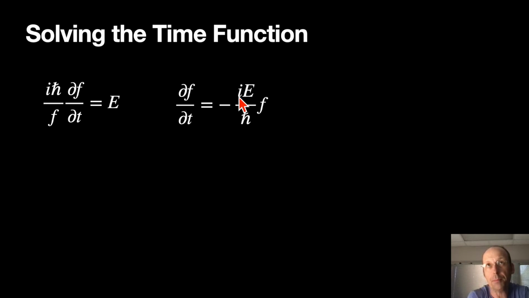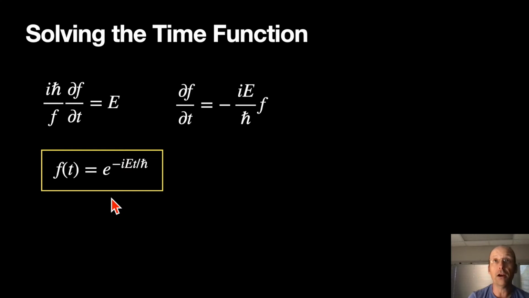So that just moves the i up top, but I get a negative sign. Just don't forget about that. So this says, what function do I take the derivative of with respect to t and get the same function back? Well, an exponential would work. So e to the negative iEt over h bar would indeed be that function, and that is our time part. And we're not going to do anything else with that, but I wanted to point it out every chance I get because we forget.